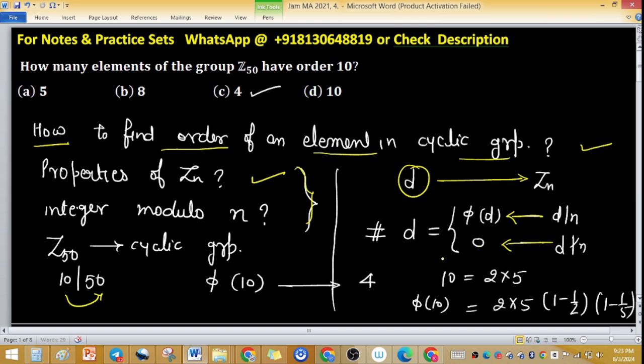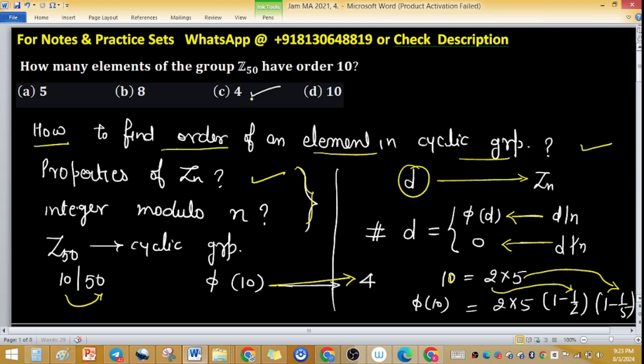With the help of this concept, you can evaluate phi(10), and the value of this is 4. How will you get 4? 10 equals 2 times 5, so you can use these factors as 1 minus 1 upon something. Similarly, after solving this, you will get 4. So option C is the right one.